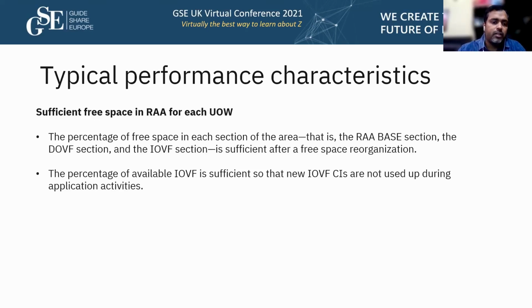It should not be the case that there is a chance of utilizing the entire available space in the future. And the second point is that we have to keep sufficient space in our DOVF so that the utilization of IOVF can be minimized, because we don't want IOVF to be used.